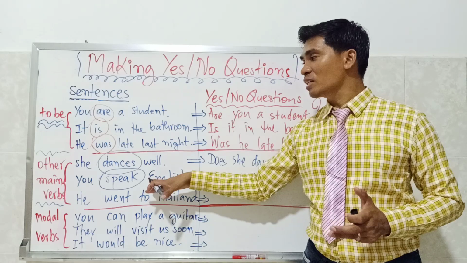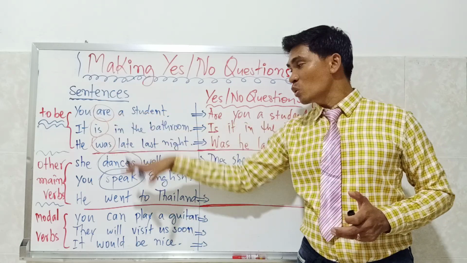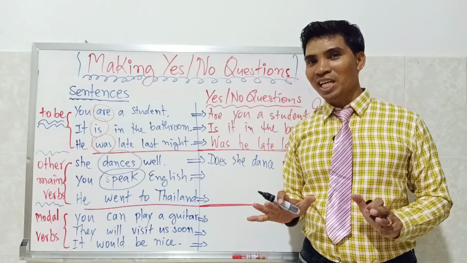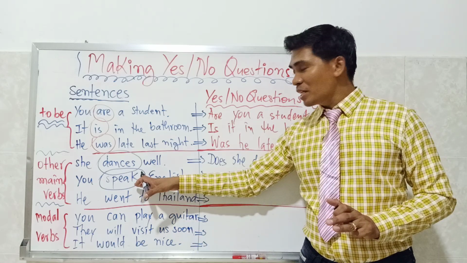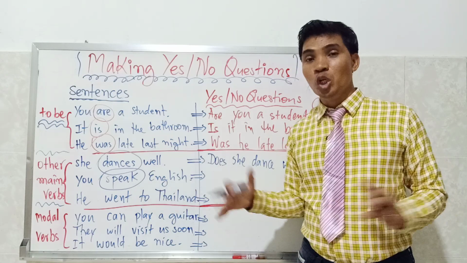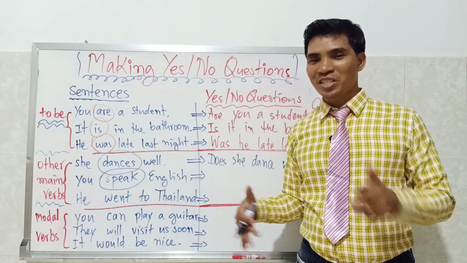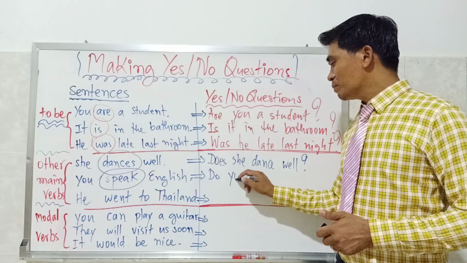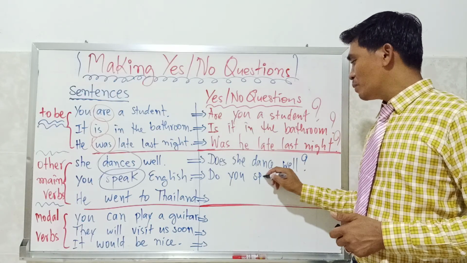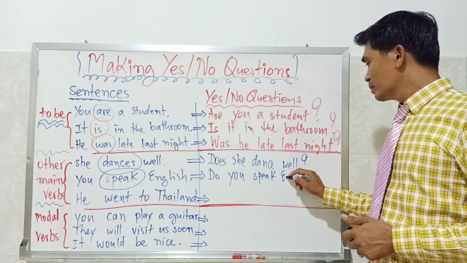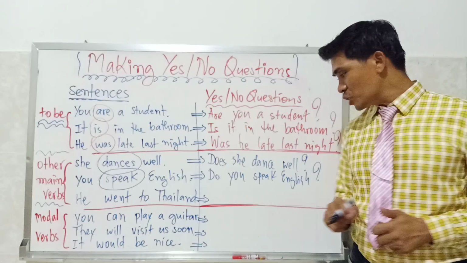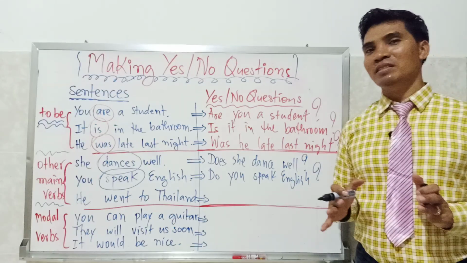No, because in the sentence we don't have verb to be, so we do not use the yes-no question with verb to be. Does you? No, it's really wrong. The correct word we use is do. Do you speak English? That is the correct way.